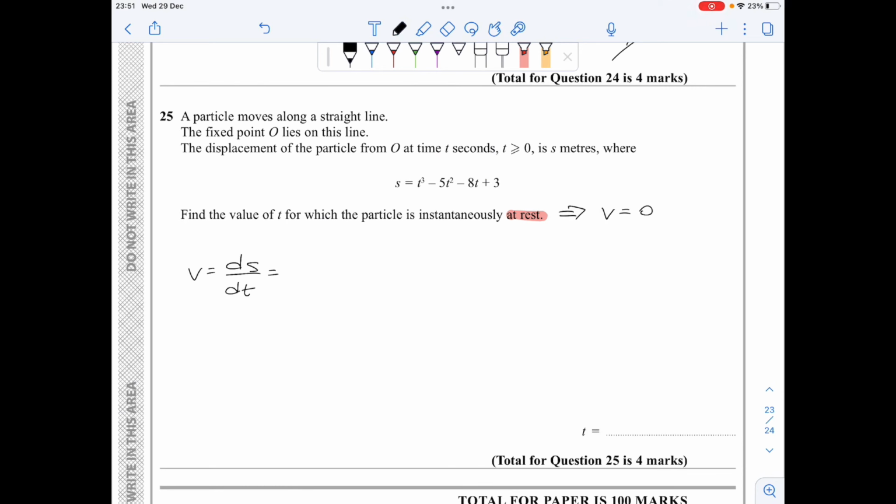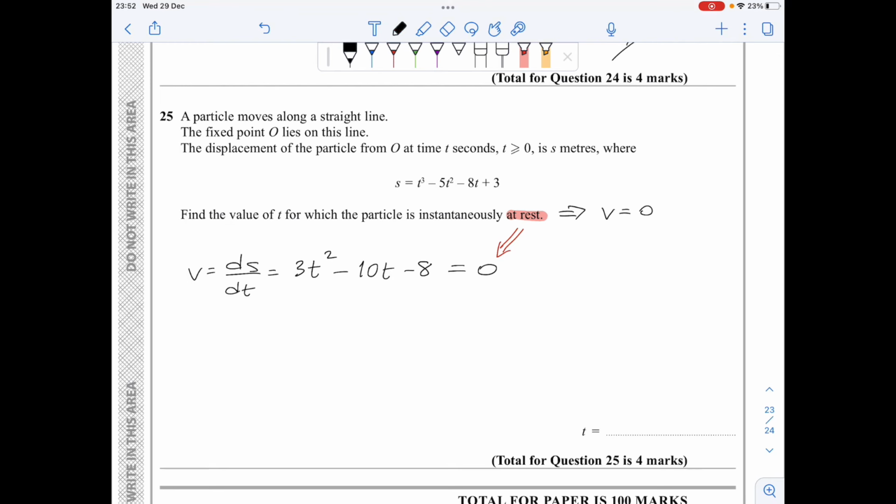So t to the power of 3 becomes 3t to the power of 2, minus 5 times the power, which is 10t to the power of 1, minus 8t becomes minus 8, and then the plus 3 becomes 0, no need to write it down. And then because it's at rest, this will have to be equal to 0.